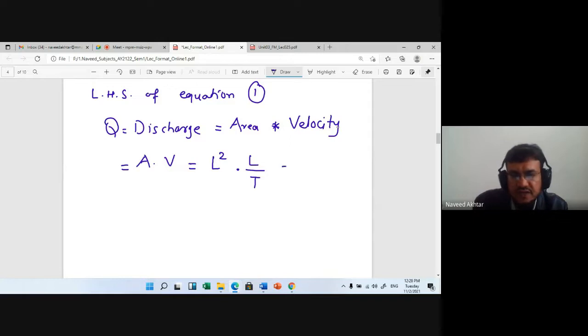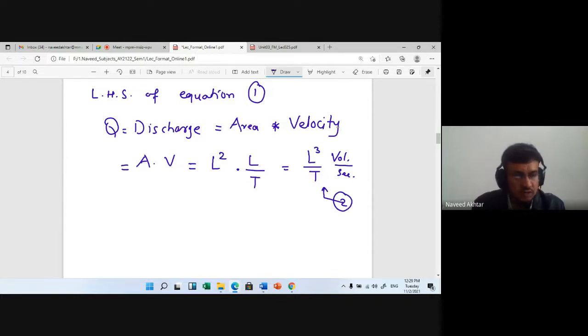The left hand side is L cube upon T. And L cube is nothing but volume. Volume per second is nothing but your discharge. You know that.